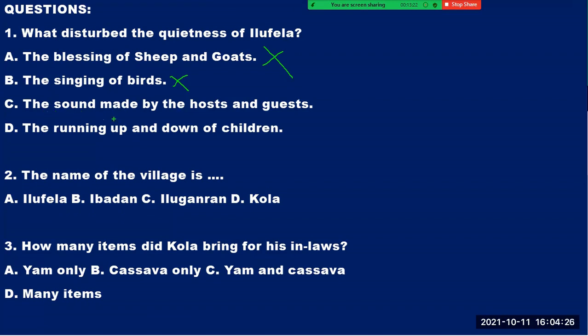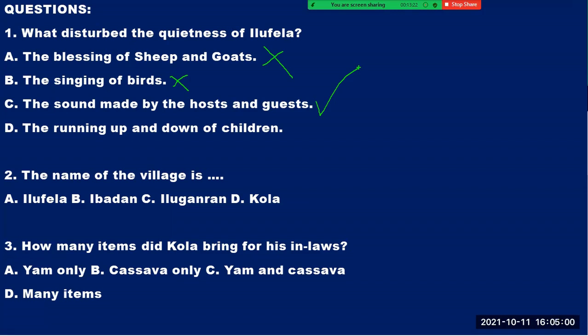Now, option C, the sound made by the host and the guests. Of course, the hosts are the people who are organizing the occasion, the ceremony, and the guests are people who arrived from their various places. So, of course, it is the sound made by the host and the guests that disturbed the quietness of Ilufela.